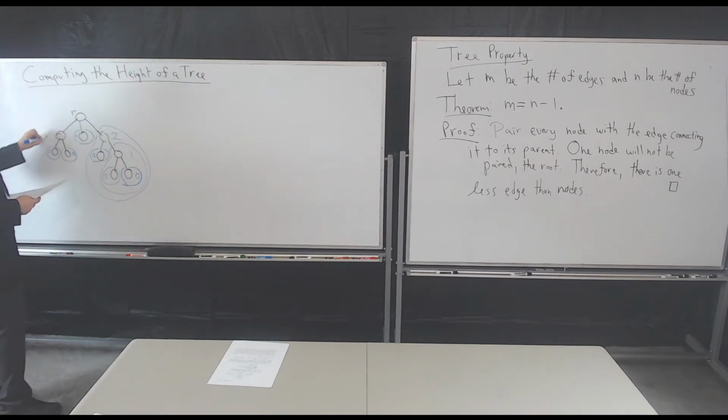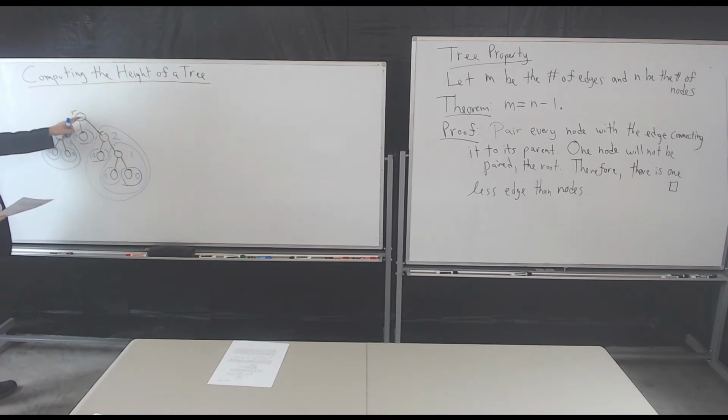How about this one? Same idea. The height of this one is 1. The height of one is 0. So what's the height then? Well, the great thing is I've considered all the children already. Look at this. I just picked the largest of these 3, and I add 1 to it, right? Notice that I have one more ancestor possible.